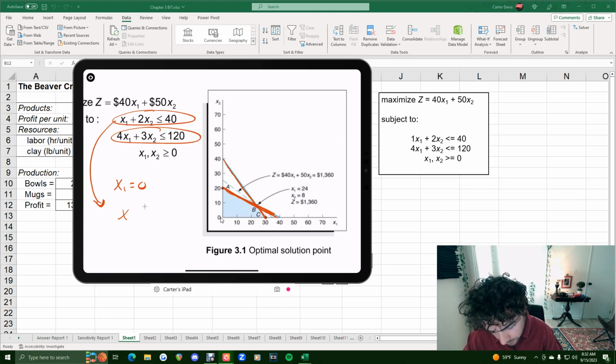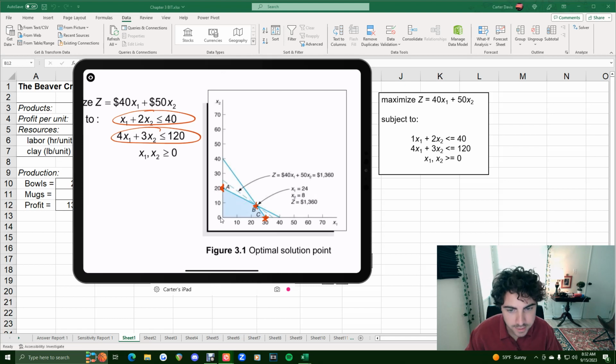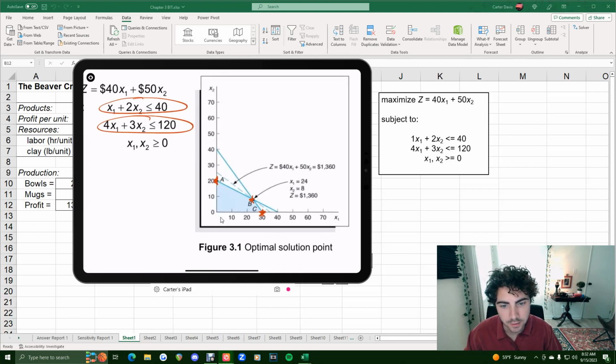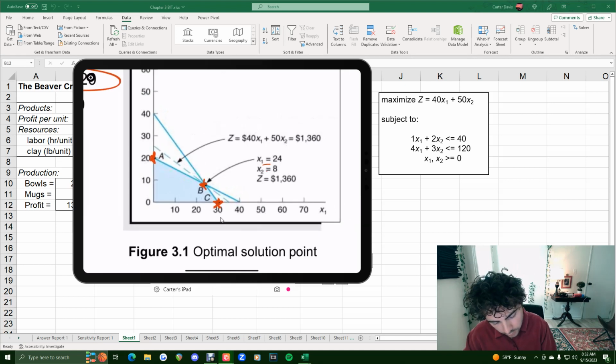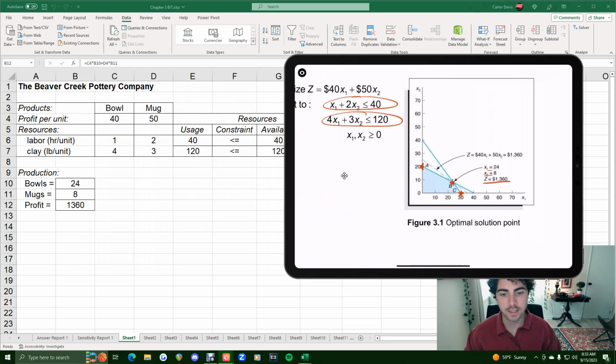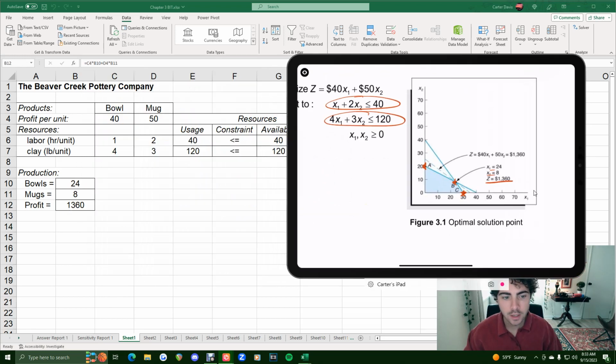Once we graph these constraints, we get points A, B, and C, and they tested A, B, and C. It turns out that point B, the 24 and 8 combination, gave us the Z value, the max profit of 1360, and that's exactly what this solved for here.